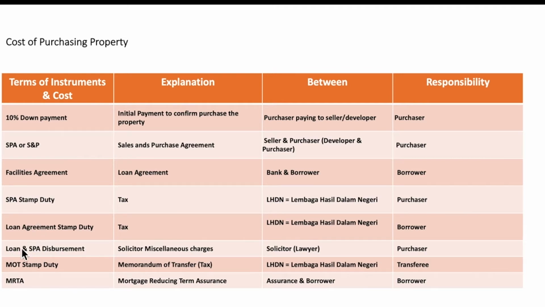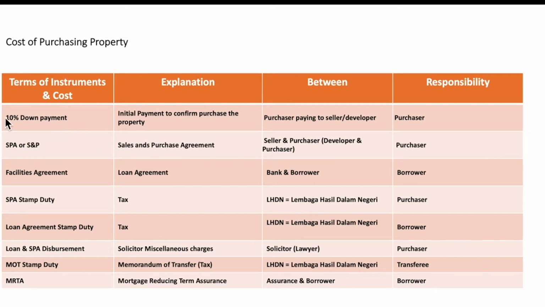Lawyers will charge not only legal fees but also miscellaneous charges like disbursement fees, and the government will collect a stamp duty on the ownership transfer. If you are taking a bank loan, you will probably need to buy insurance as well. Those are the costs that you need to consider and take into account when purchasing a property.